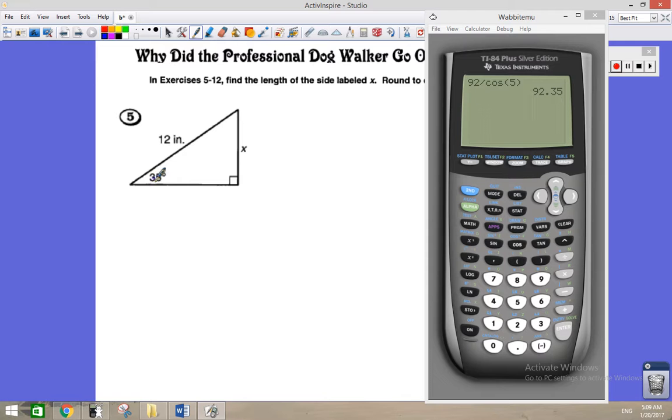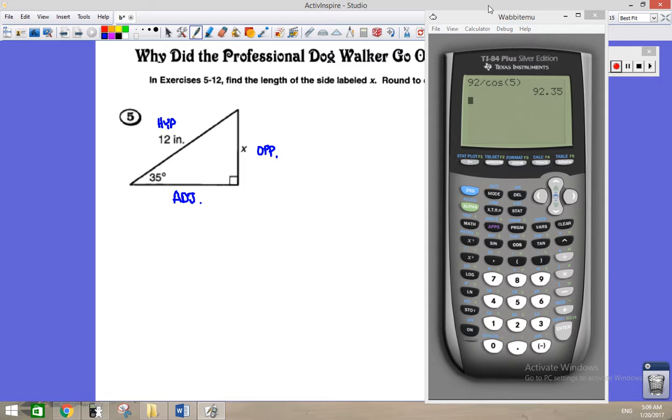With respect to this 35 degrees, this is the adjacent side. And they're not asking me anything about the adjacent side, nor are they providing any information about it. The only thing that they're doing is asking me to calculate the length of the opposite side with respect to this 35 degrees, and they give me the hypotenuse.